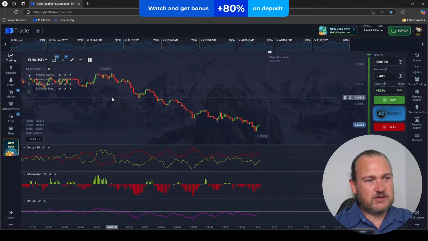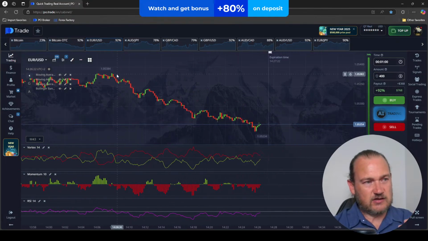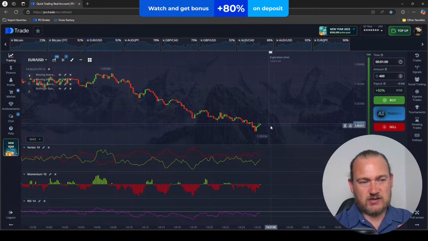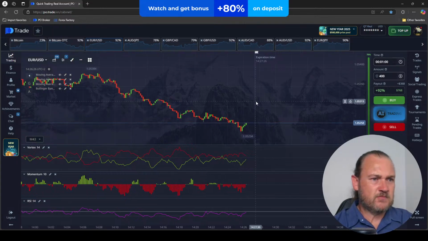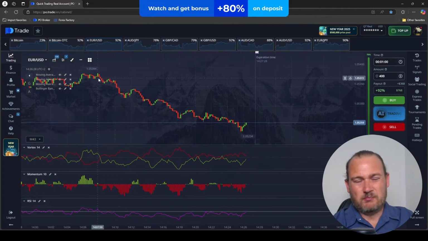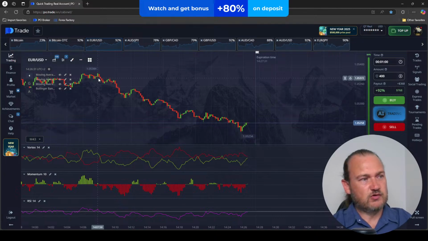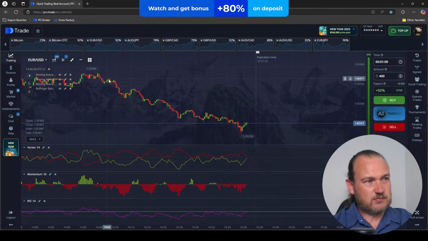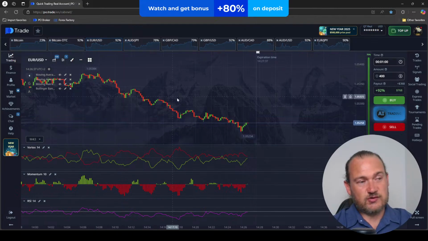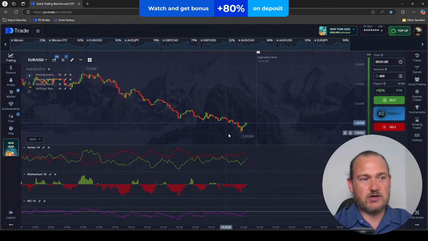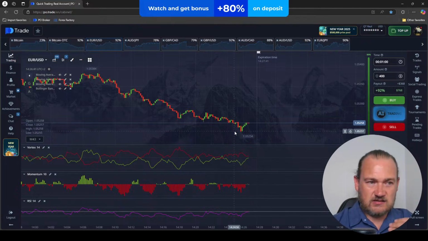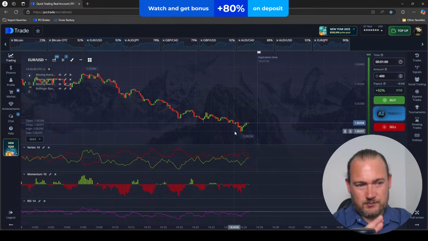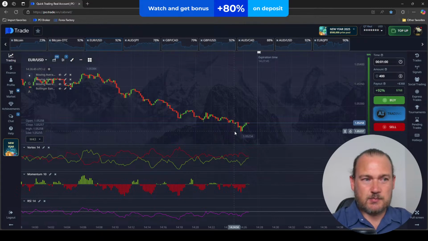If Euro, for example, is trending downwards, this is a decent downward trend on the 10-second chart. So it's not an exceptionally big move, but this is a classic downward trend at the moment. We're seeing price make lower highs, and we see price making lower lows. So this is a perfect bearish trend by definition.